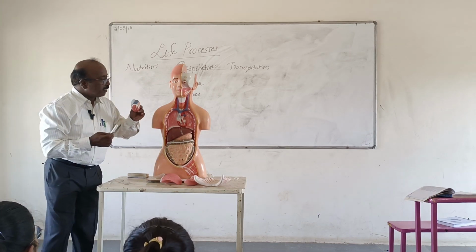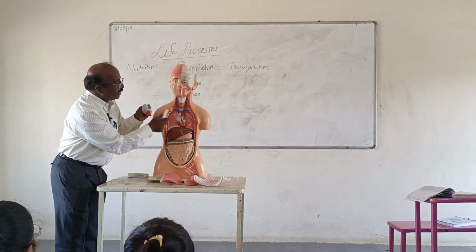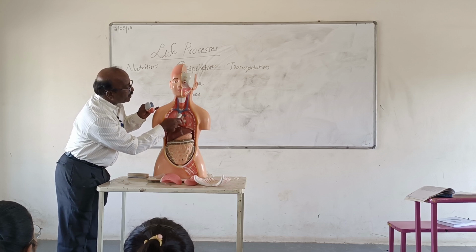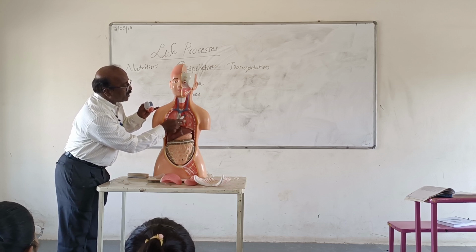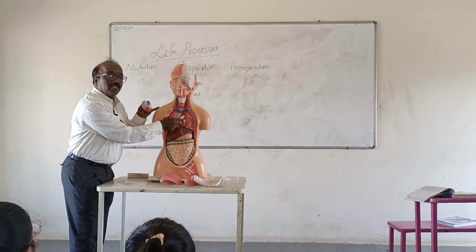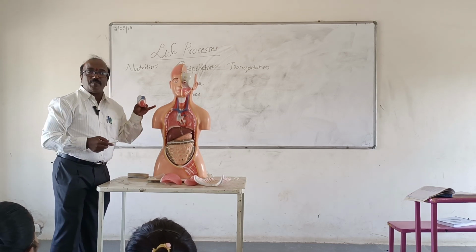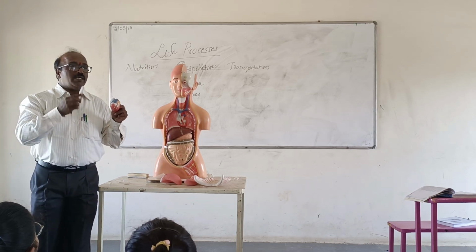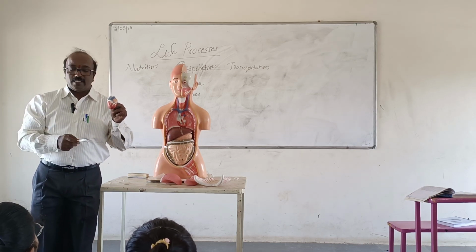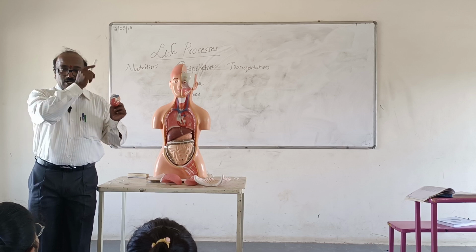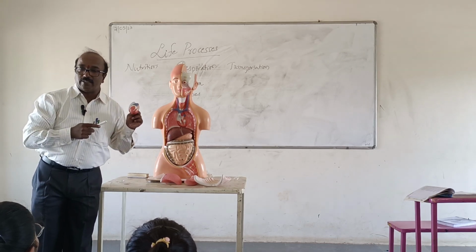Coronary blood vessels. Now this is the opening of the pulmonary artery. What does the pulmonary artery do? It carries deoxygenated blood from the right ventricle to the lungs for purification.